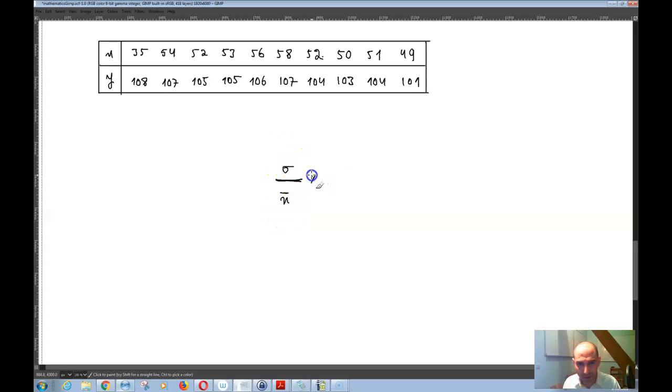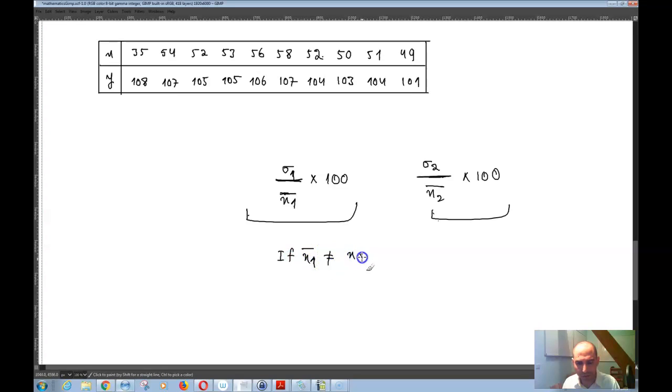So for example, if I take this value for some observation, sigma 1 over x 1 bar, and if I take this value for sigma 2 divided by x 2 bar and multiplied by 100 for another observation, and if x 1 bar is not equal to x 2 bar, still you can compare these two values together.